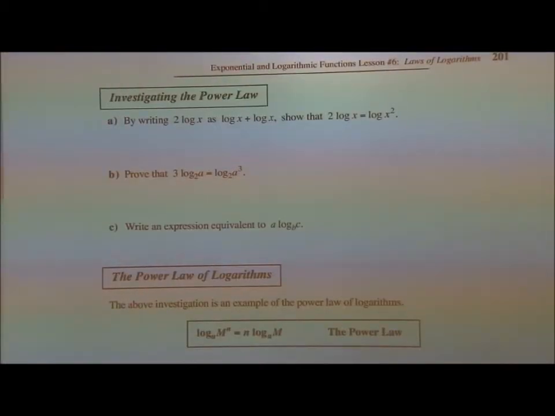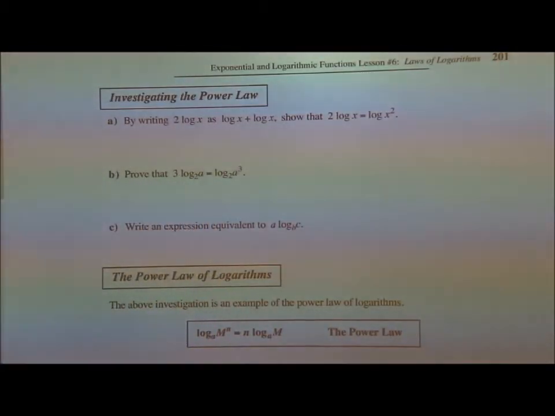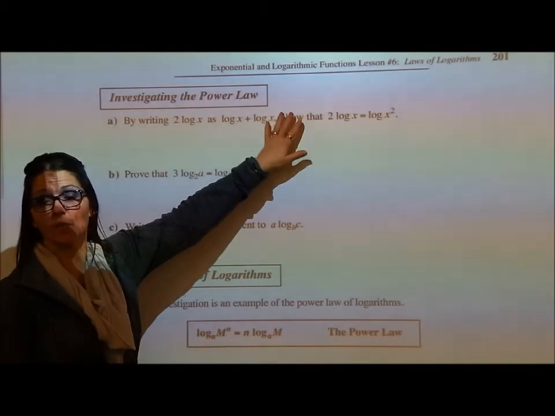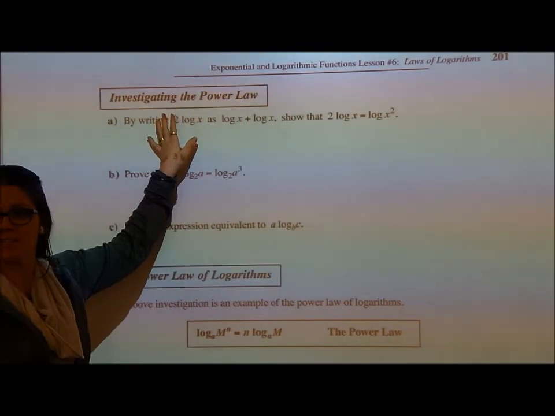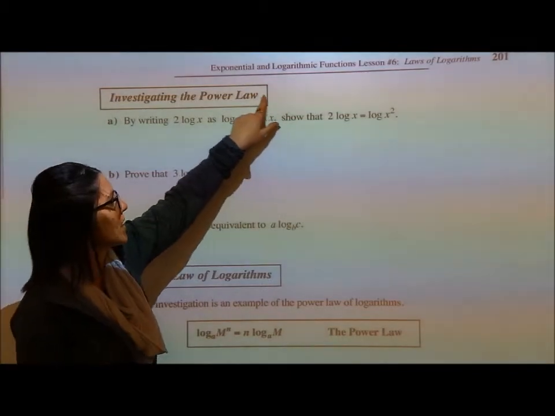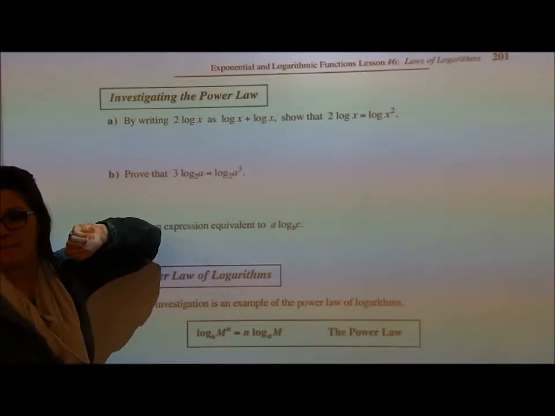Okay, let's look at 2 log x. If I rewrite it as log x plus log x, because log x plus log x would be 2 log x's, what does the product law tell me that I can do with log x plus log x?